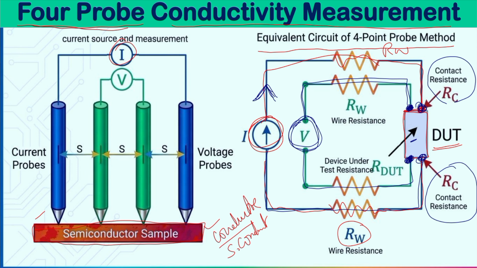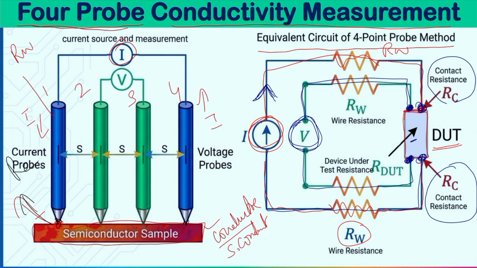So basically we have 1, 2, 3 and 4. We are sending current here and measuring here. So what will happen? This probe will have some resistance that is called wire resistance. At this point we will have some resistance, which is actually the contact resistance RC.